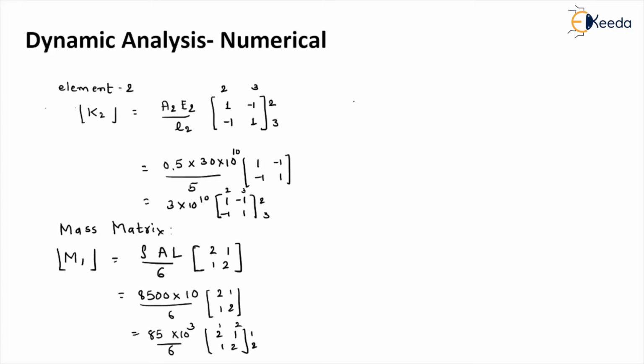Same for element number 2. The mass matrix for element number 2, M2, is rho A L divided by 6 times 2 1 1 2.